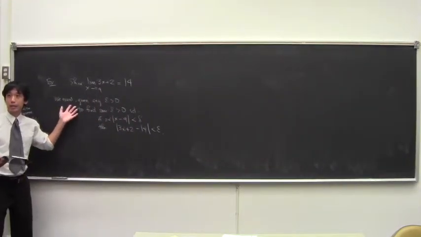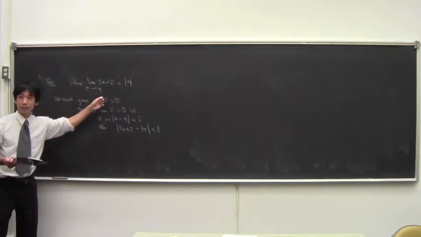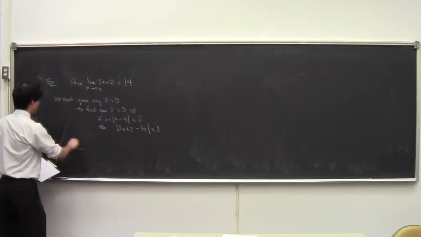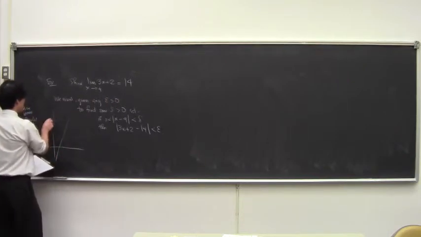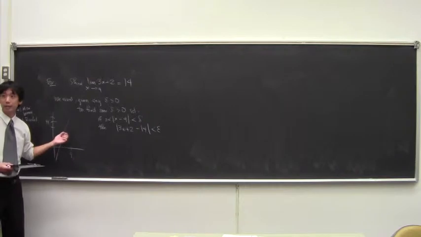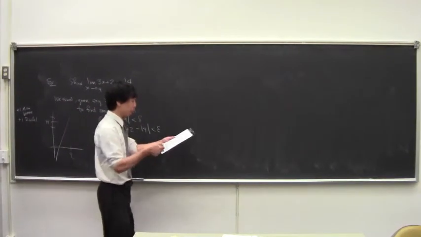That's the game. That's what limit means. We need to show that if somebody gives us an epsilon, we can find a place around 4 where that epsilon is satisfied. So how do we do it? And here's one way to do it, purely algebraically.